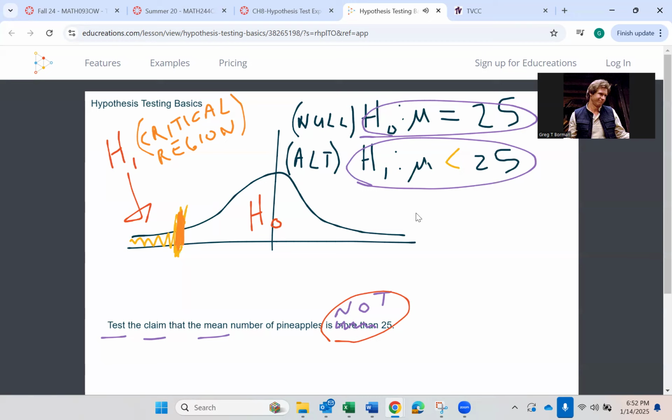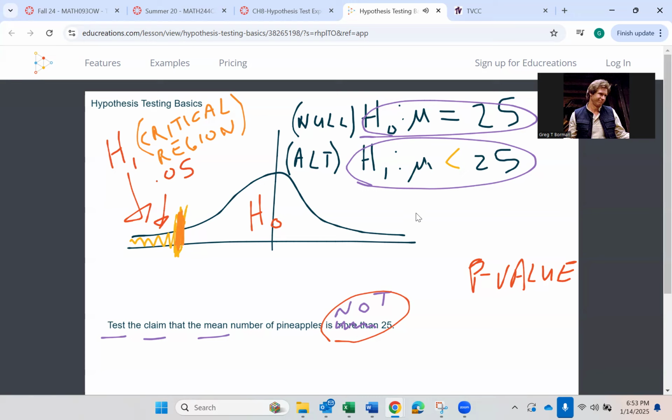Now, a different way of doing it, and the way I'm going to do it in class because ultimately it's going to be easier, is to use what's called the p-value method. The p-value method does the same thing, but approaches it from a different point of view. For example, in the picture we've got here, the critical region, the shaded region, has a certain amount of area shaded. Let's say that it's about 5% of the area under the curve, and that's quite typical.